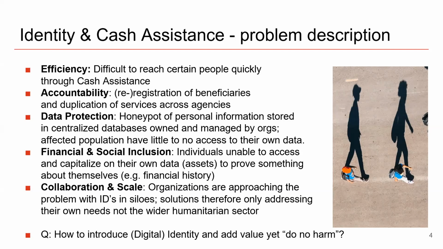There's a lot of requirements on the financial and regulatory side for know your customer requirements and anti-money laundering, counter-terrorism, etc. And on the accountability side, there's always a registration and of course verification of beneficiaries, and the chance that they have to re-register with us for their new project.